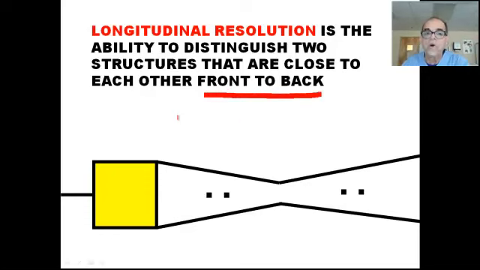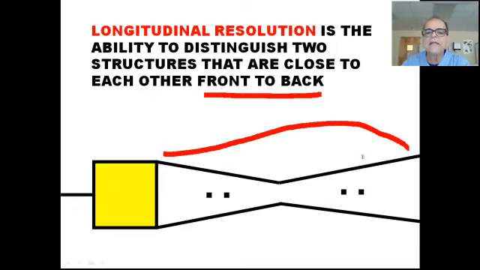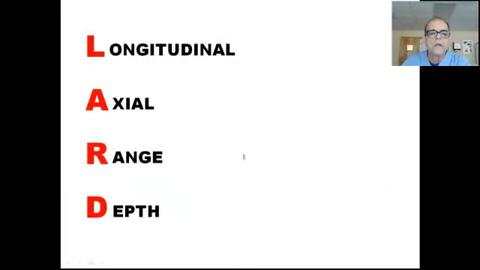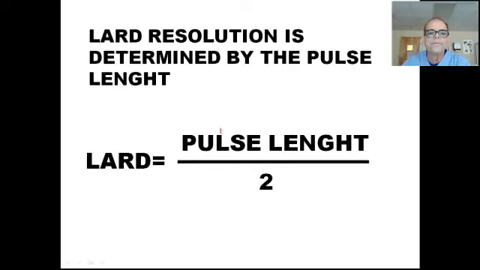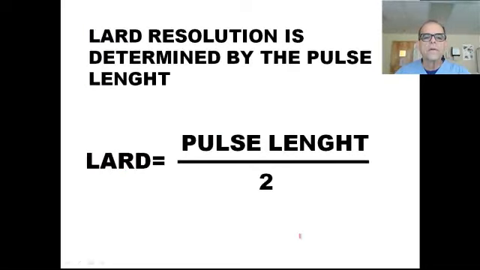Axial or longitudinal resolution is the same independent of the depth you are working at. Longitudinal resolution is also called LARD: longitudinal, axial, range and depth. LARD resolution can be determined by the pulse length. The formula is longitudinal resolution, or LARD, equals pulse length divided by 2.